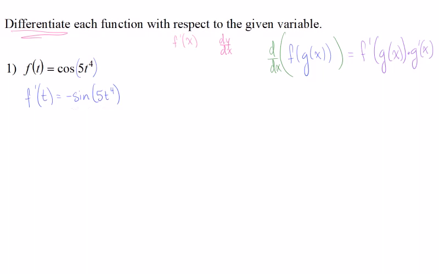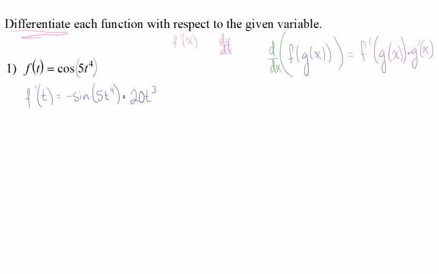And now I'm going to multiply by the derivative of g of x, the derivative of the inner function. So the derivative of 5t to the fourth, we do a little power rule here, it'd be 20t cubed. Remember, what we're doing is multiplying by the 4 and then subtracting 1. And so that's basically our answer.